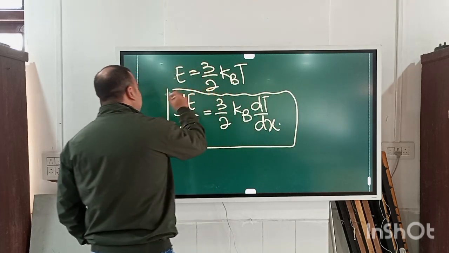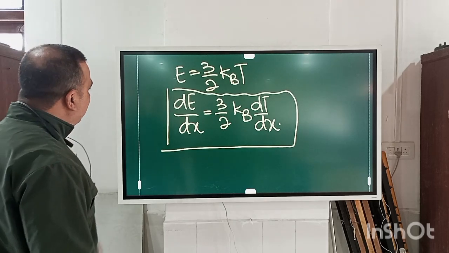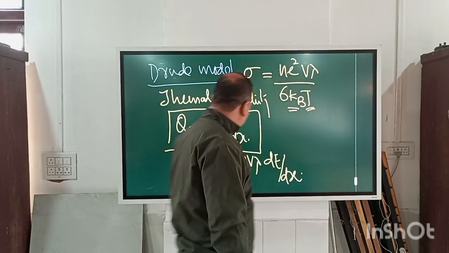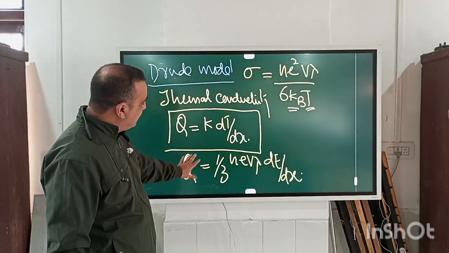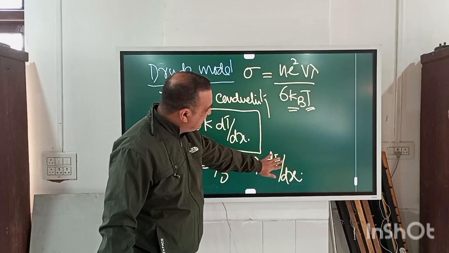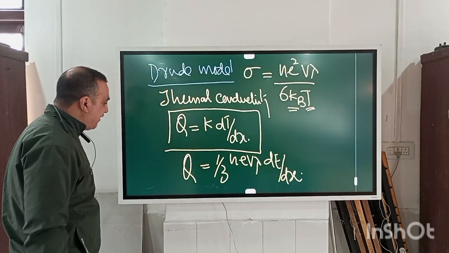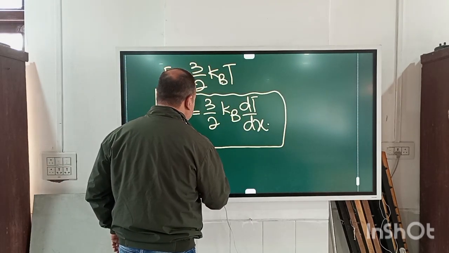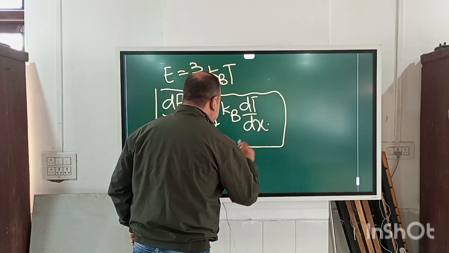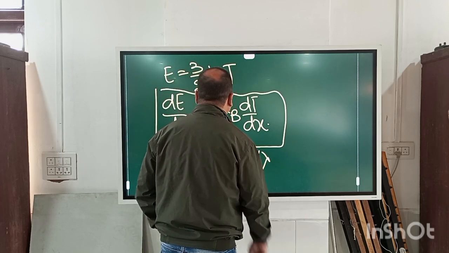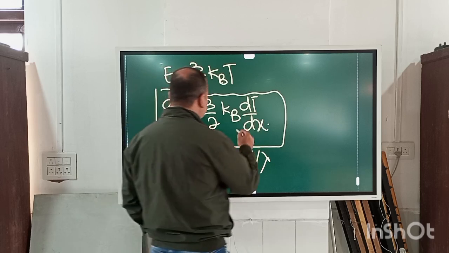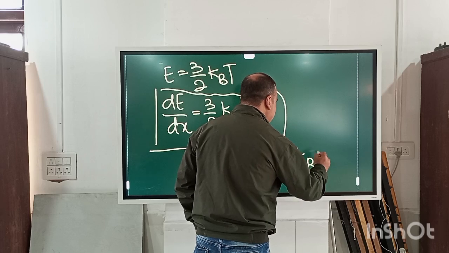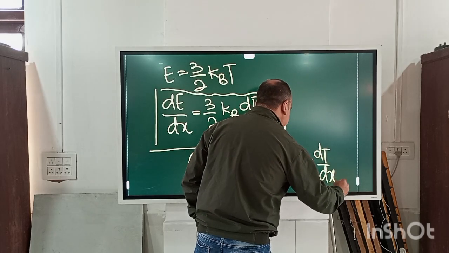So this will be our dE by dx, and I can use this dE by dx in my equation of Q. So for Q equals 1 by 3 NeV lambda dE by dx, instead of dE by dx, I'm going to use that equation. So Q is going to be 1 by 3 Ne V lambda, and for dE by dx, we'll be using 3 by 2 kB dT by dx.